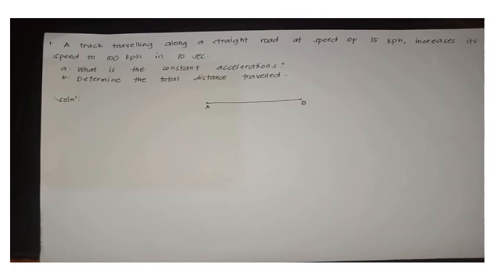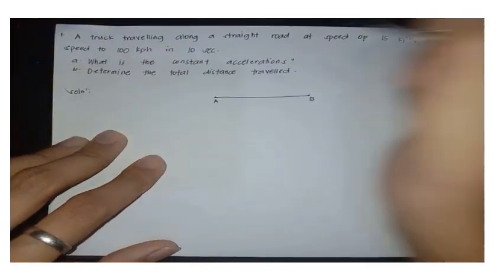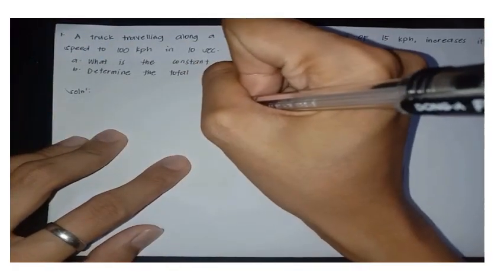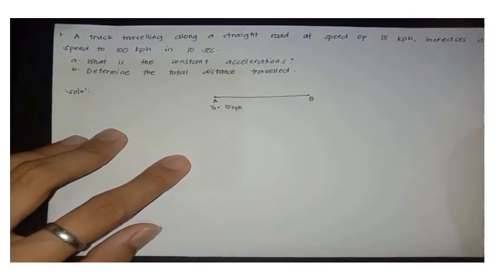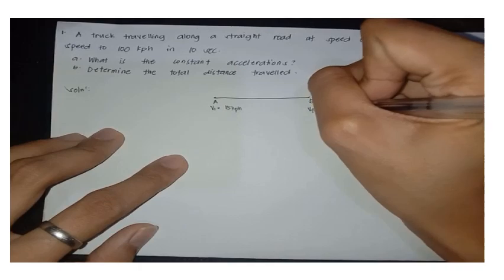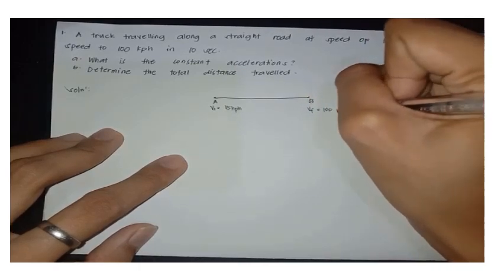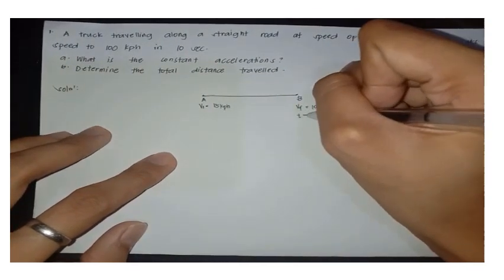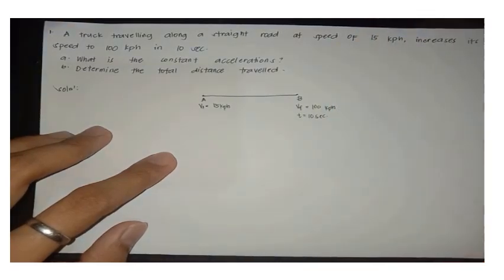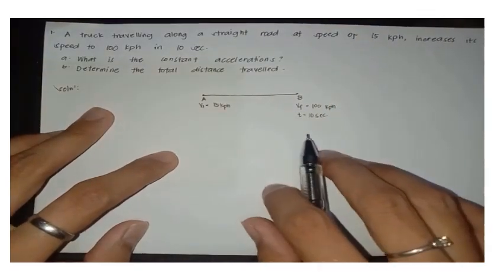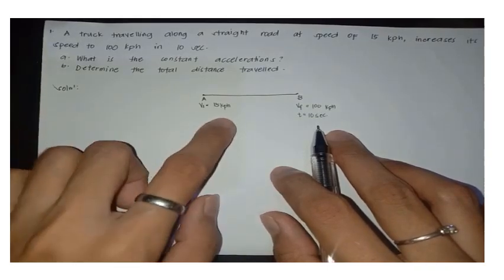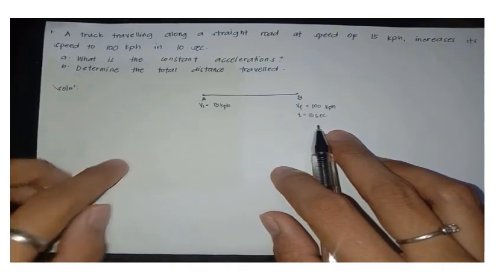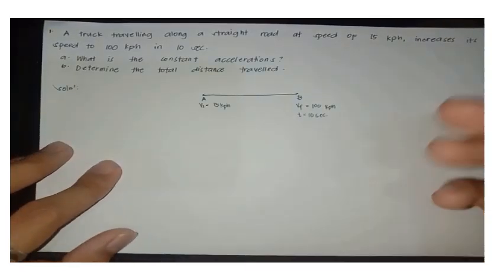So we have the given: initial velocity is equal to 15 km per hour, and final velocity is equal to 100 km per hour in a time interval of 10 seconds. Since the time is in seconds, we need to convert the velocity to meters per second.